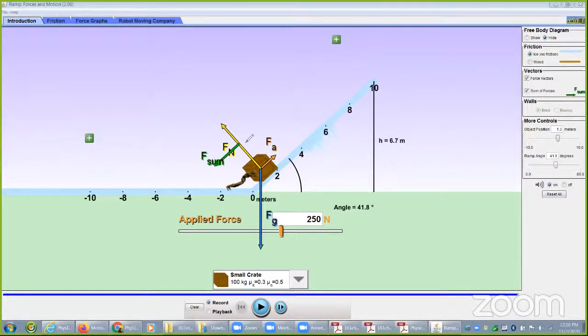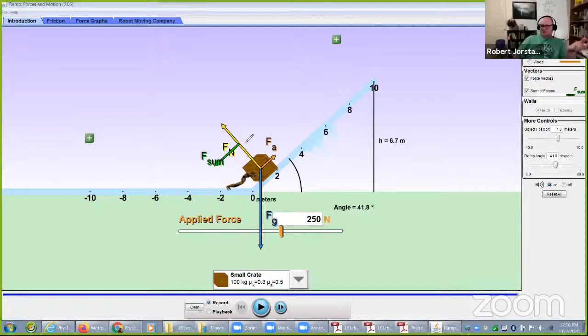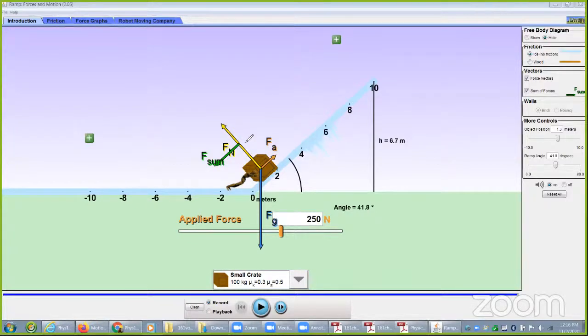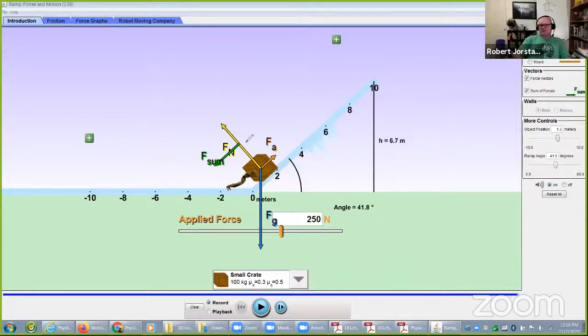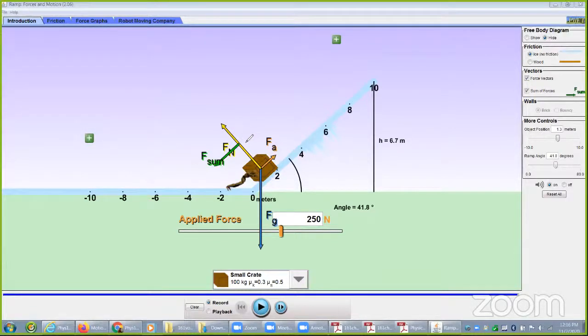The box pushing down comes from the gravitational force. Because gravity pulls the block downwards towards the center of the earth, that's what causes the box to push downwards on the ramp. As a reaction to that, the normal force pushes up on the block the opposite way. That's probably the right way to think about it. You don't want to start with the normal force. Mathematically, I know they're the same, but I'm a physics teacher, so I can't help it.